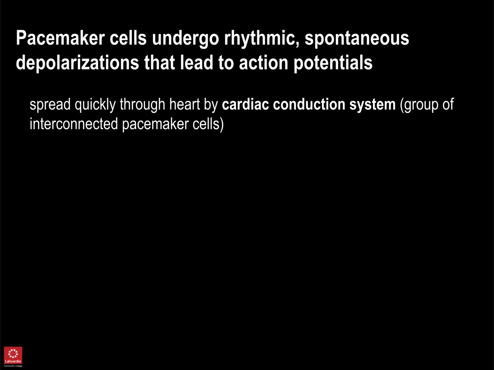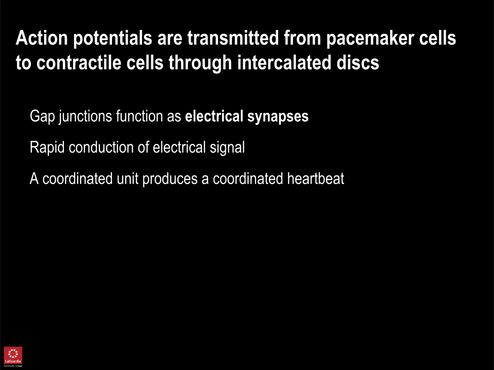Pacemaker cells undergo rhythmic, spontaneous depolarizations that lead to action potentials, and these spread quickly through the heart by the cardiac conduction system, which is a group of interconnected pacemaker cells. Action potentials are transmitted from pacemaker cells to contractile cells through intercalated discs, and gap junctions function as electrical synapses. This allows rapid conduction of the electrical signal, and a coordinated unit produces a coordinated heartbeat.